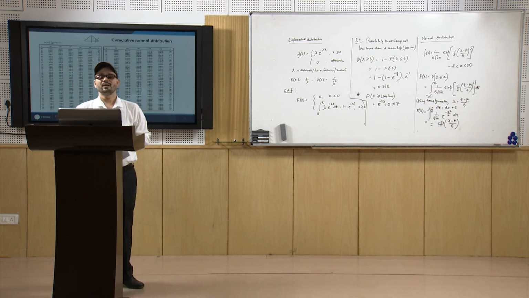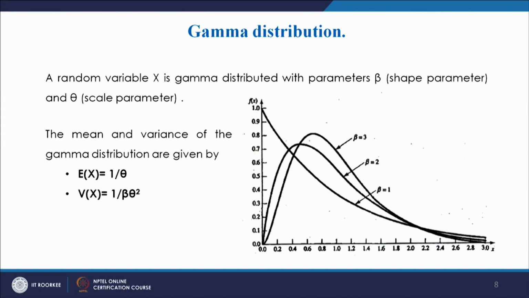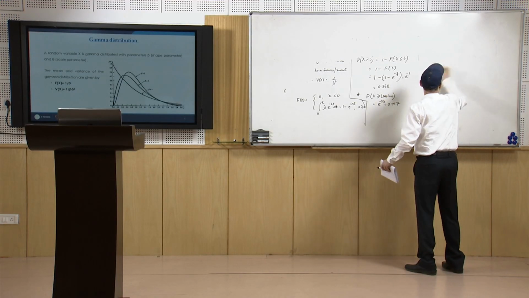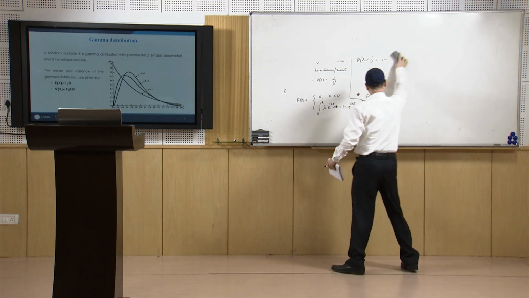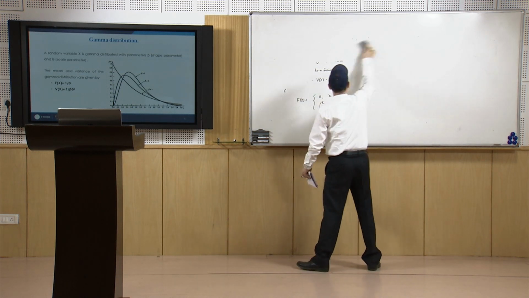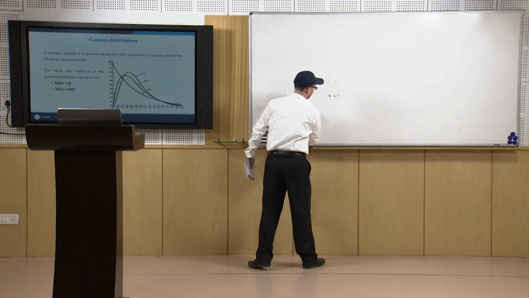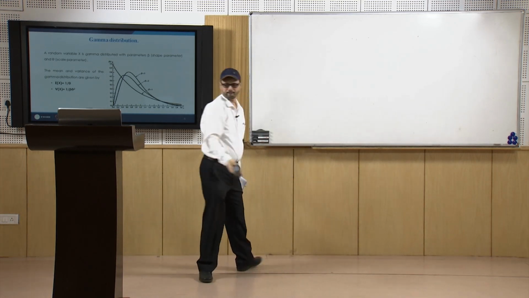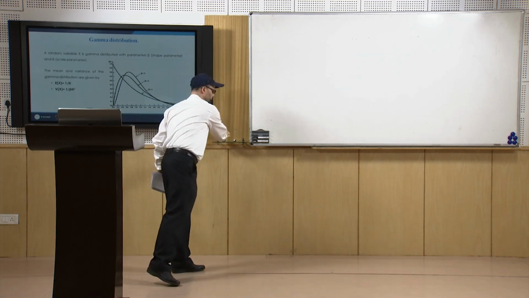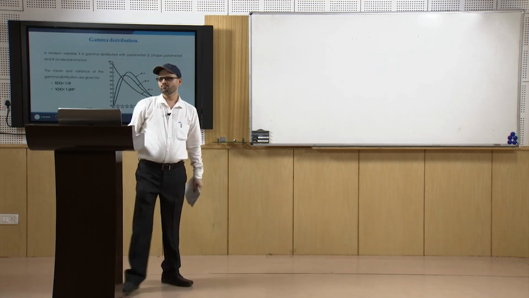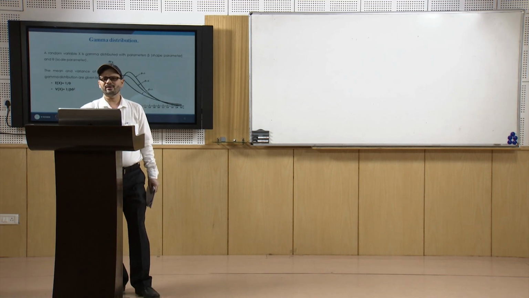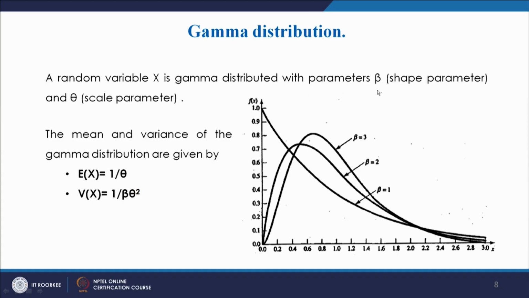Next distribution is the gamma distribution. Now, we will discuss this distribution. The random variable x is gamma distributed, so you have the parameters beta and theta.